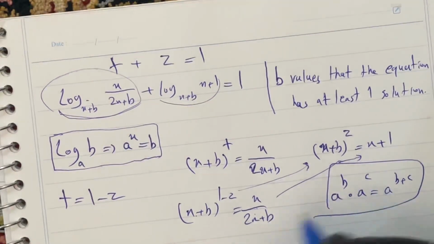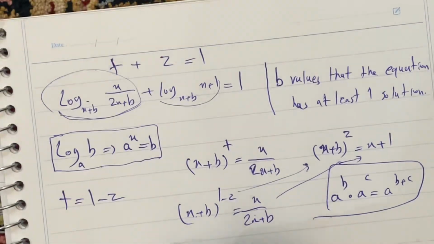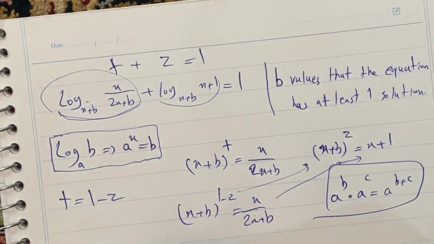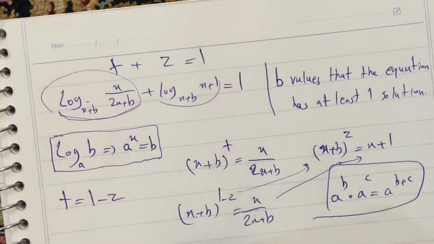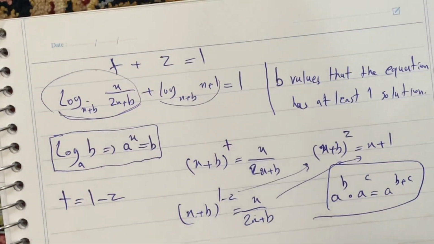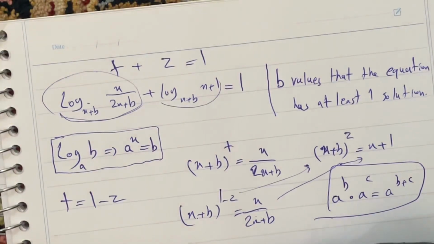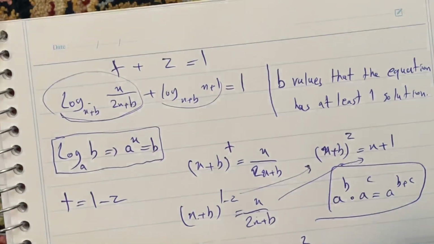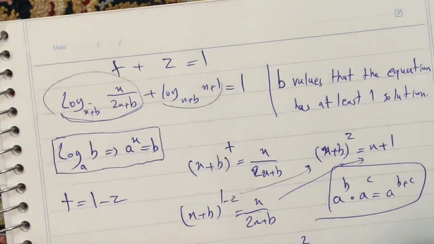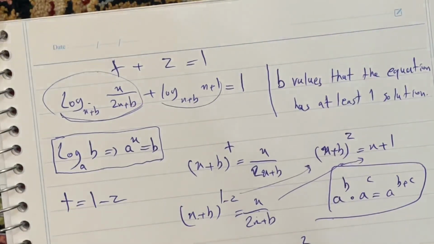And as I said, if you have the same bases, you just sum up the exponents, which would be minus z plus z plus 1, which means what? X plus b to the power of 1, which is x plus b. So we will live with this equation.